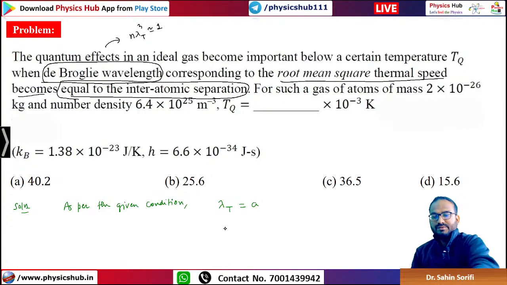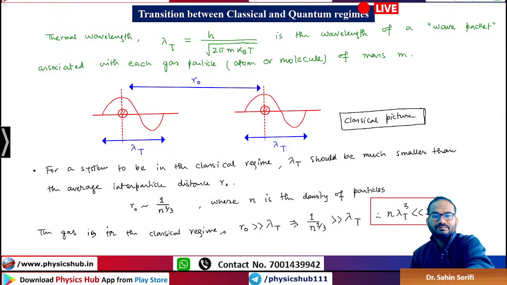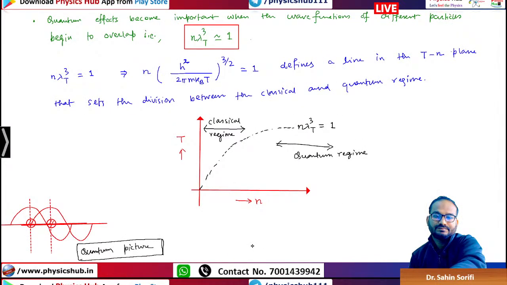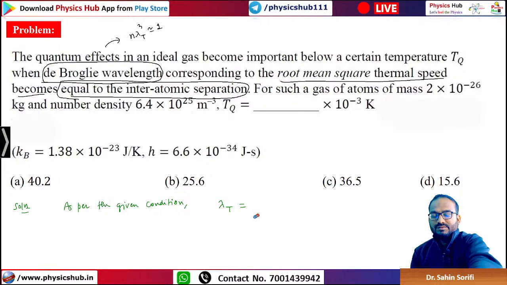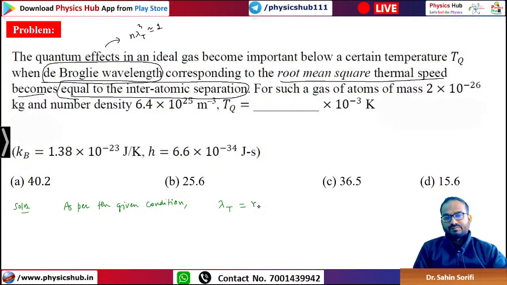And lambda, we have already told you, what is lambda? The formula is already given to you. Interatomic separation: instead of taking a, we can take r_0, which we have used in the previous derivation.